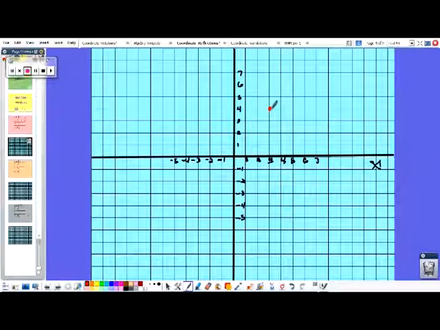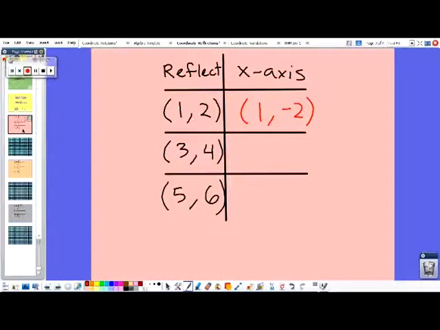And you should have gotten right there. Yeah? So, in which case, to fill in the table, you should have got 3, -4.